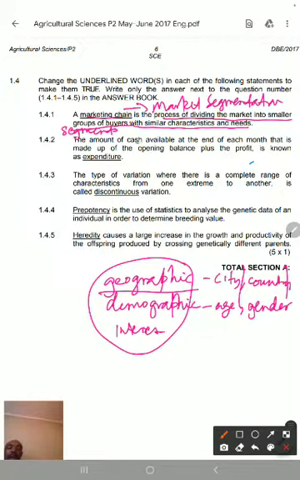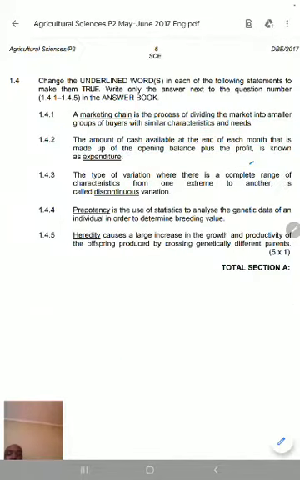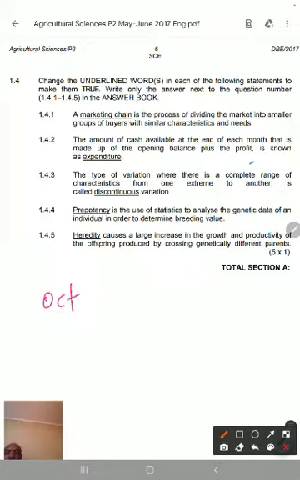The amount of cash available at the end of each month is made up of opening balance plus profit. So this is what is important. We are in October now, coming from the month of September. Let's say this farmer, at the end of September, had 500 rands in his account.